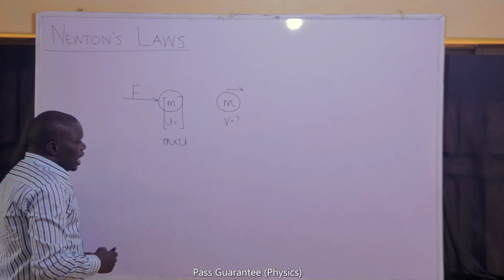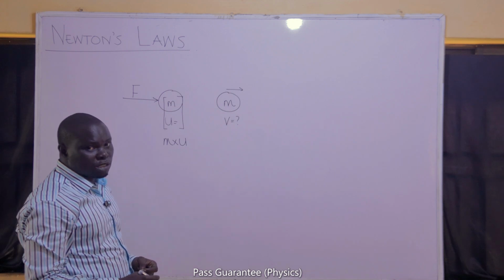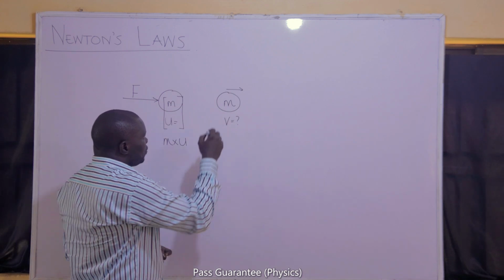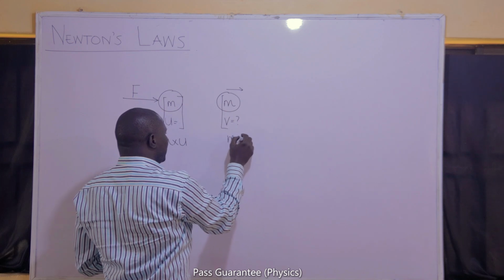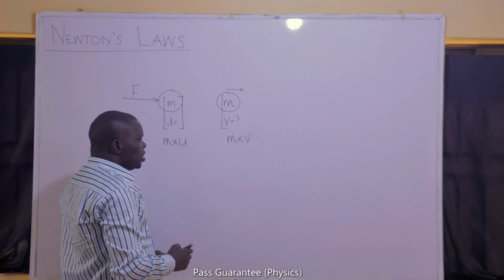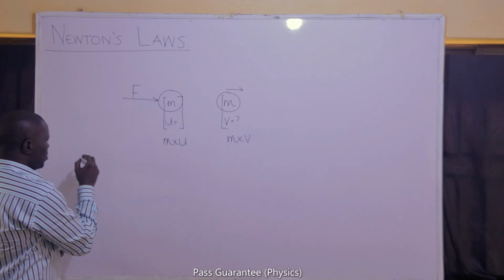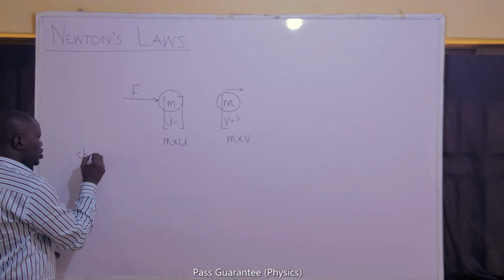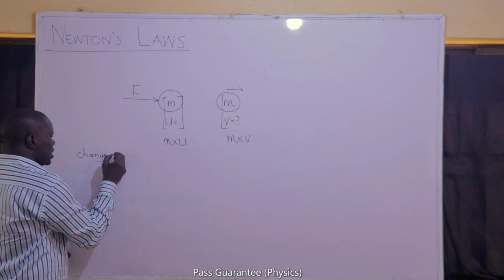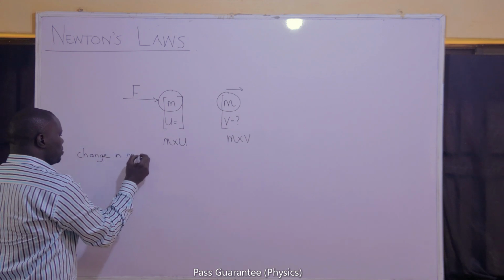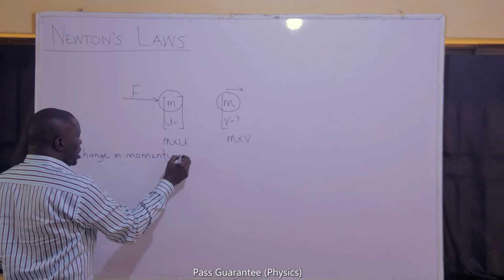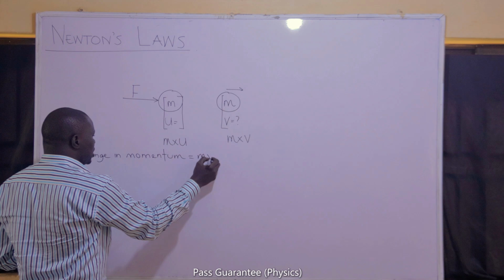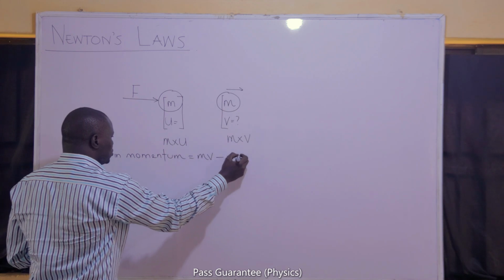I had earlier said that the momentum is mass times velocity. The final momentum will be the mass multiplied by the final velocity, mv. So the change in the momentum that has taken place because of the application of that force must therefore be mv minus mu.